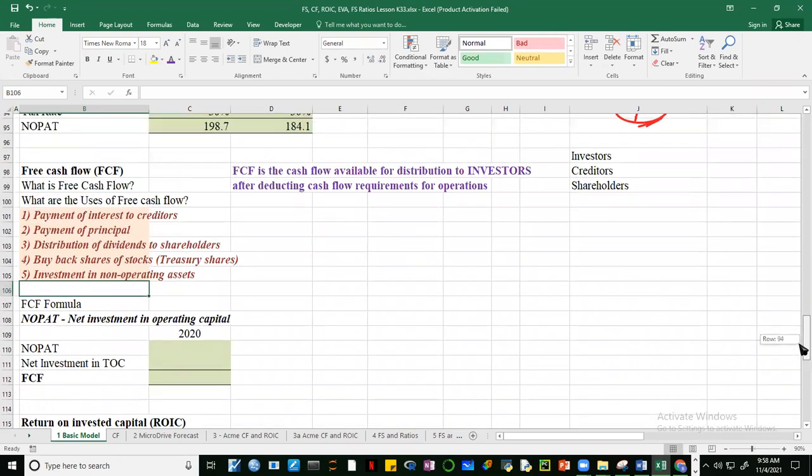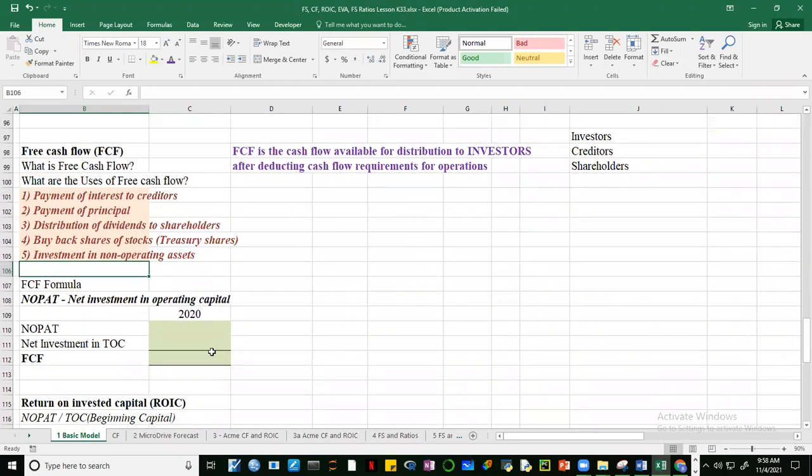Now it's easy to compute for free cash flow. From the NOPAT, we just subtract how much was invested in operating capital to be consistent with the definition. The definition says free cash flow is cash flow available for distribution to investors after deducting cash flow requirements for operations.